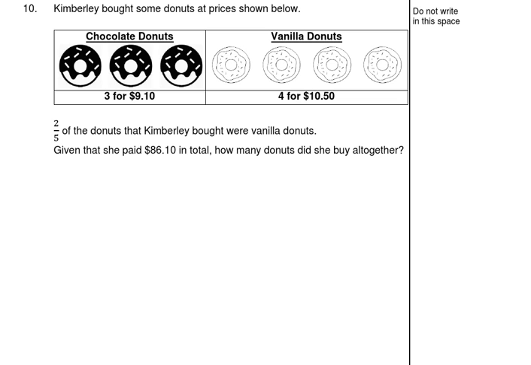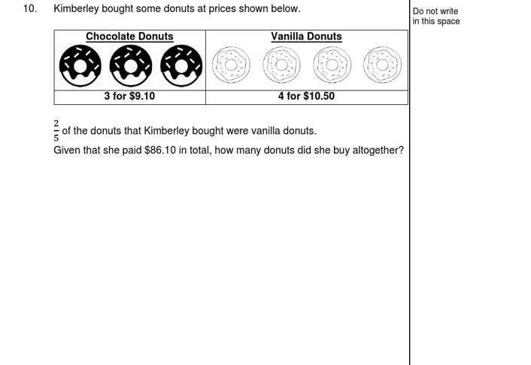Then 3/5 is chocolate. Okay, so it's in 2/5 and 3/5. Yes, Gabriel? No, because we need to find out the number of donuts that she buys together. Okay, so can I continue? You are very disruptive. So we know that they are in 2:3, right?